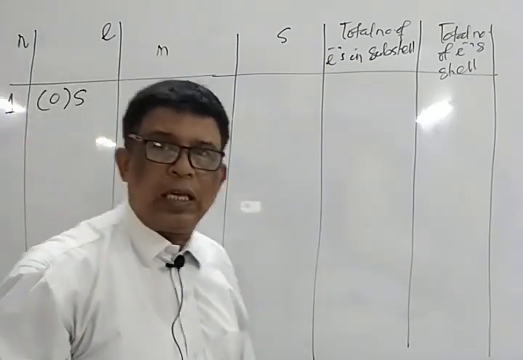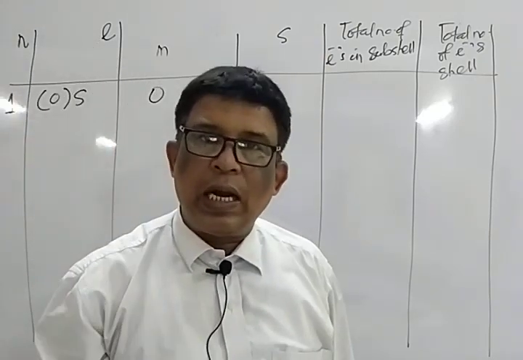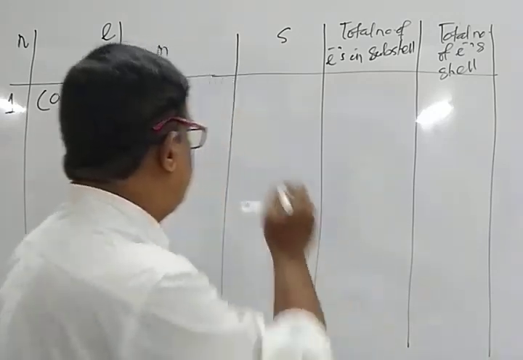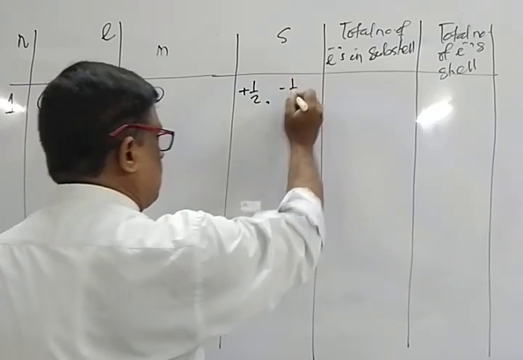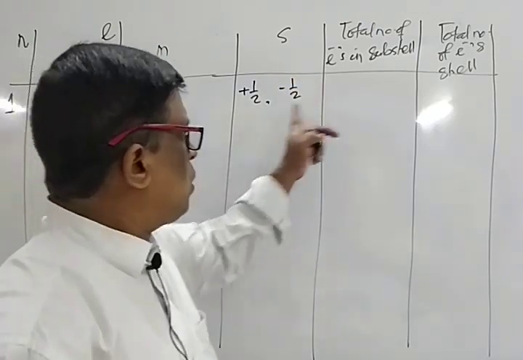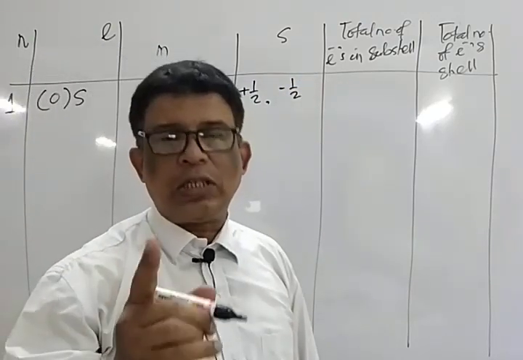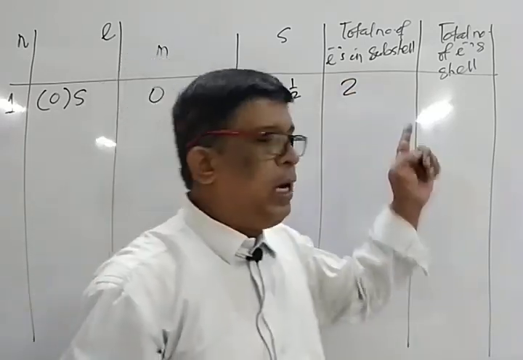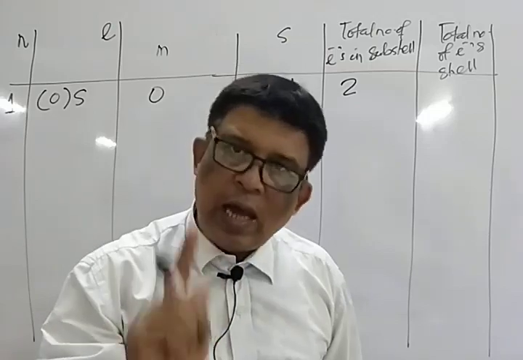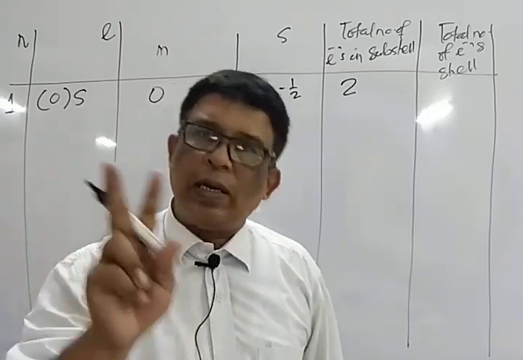And in the first cell, how many electrons are there? 2 electrons. Spin quantum number is plus half and minus half. Mark that. So total number of electrons in the S subcell is 2. And total number of electrons in the first cell: one subcell, and in that one subcell maximum 2 electrons.